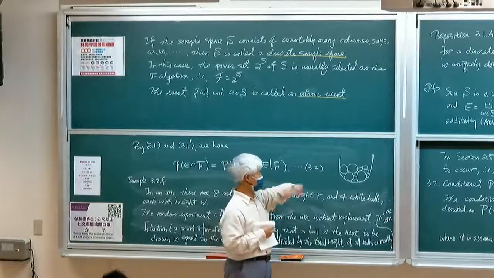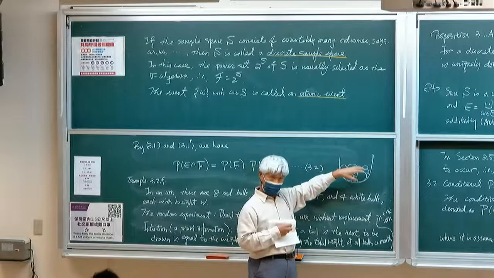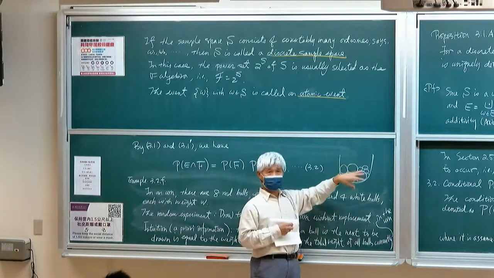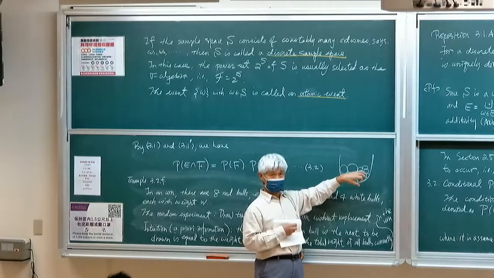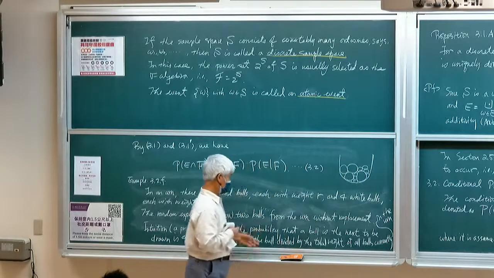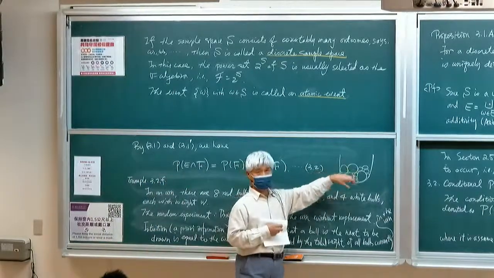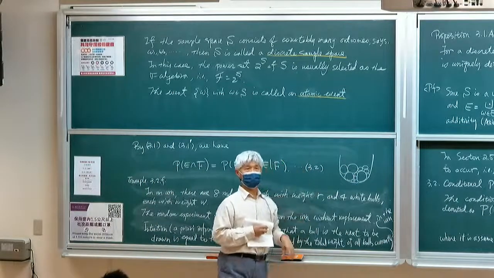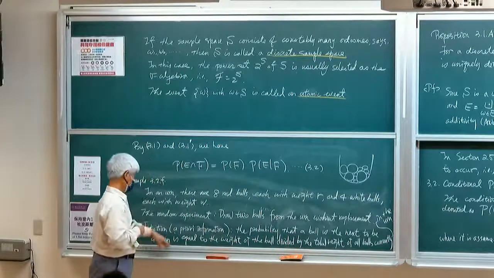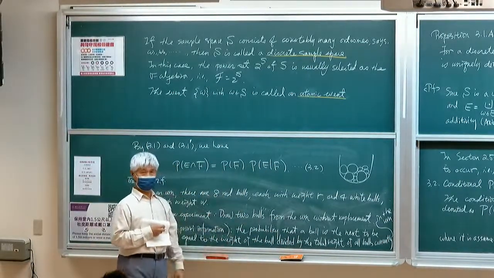And for the second ball, when you draw the second ball, again the probability or likelihood that a ball will be drawn is equal to just its relative weight.